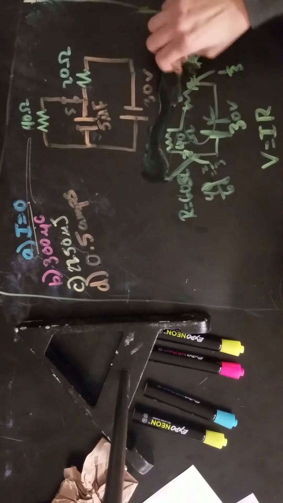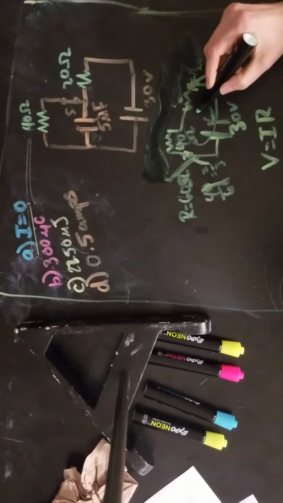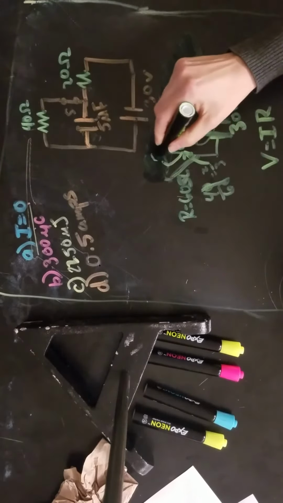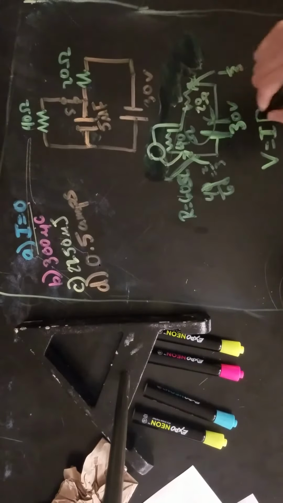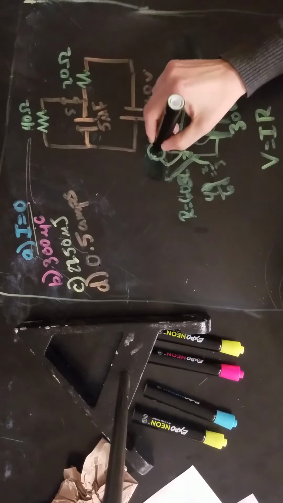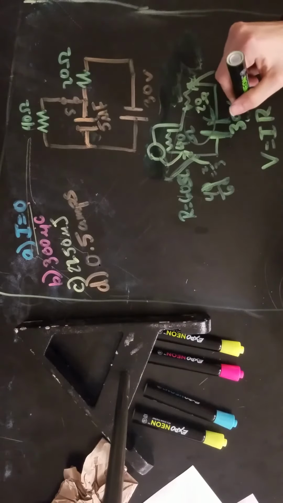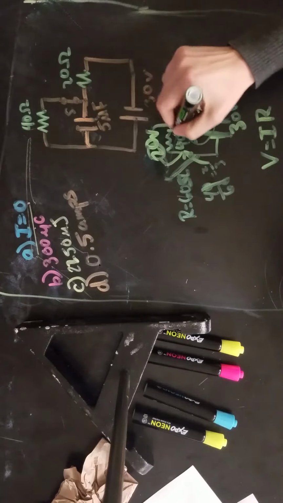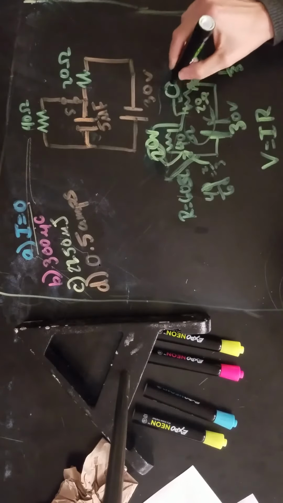That one's 20 ohms, 1/3 of the resistance. So that means a voltmeter across the 40 is 2/3 of 30. Well, that would be 20, because if you divide 30 by 3, it's 10, and 2 of those would be 20. So this is 20 volts right here, and then this one would be 10.